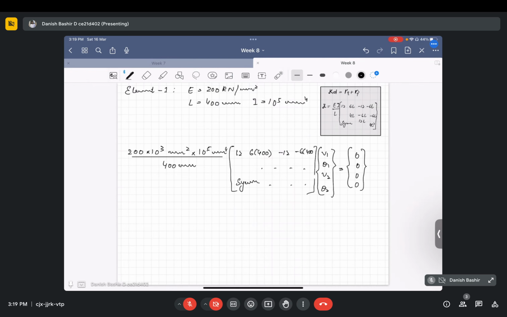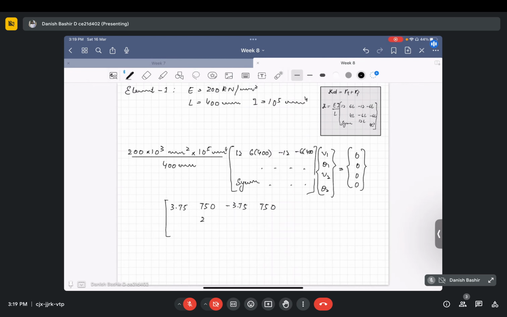Like this. And then for element 2, if I solve this system of equations, what I will get is this matrix, the closed matrix. 3.75, 750, minus 3.75, 750.